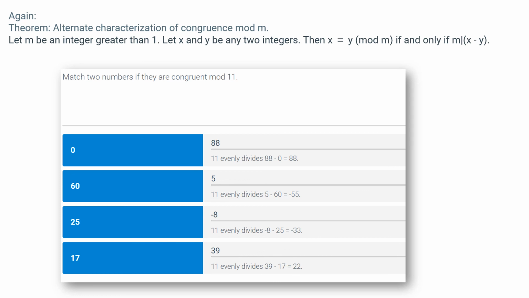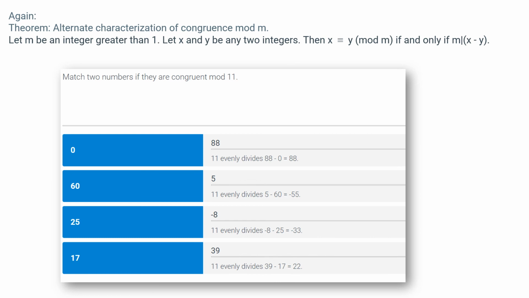But because we're subtracting a negative, we have to be careful here. It's not going to be a 17, right? We could look at the negative 8 minus 25. That gives us a negative 33. But if we did the difference the other way around, 25 minus a negative 8, we would get a positive 33. But in either case, we would end up with something that 11 evenly divides. So that's why we would see that these should go on the same line together.